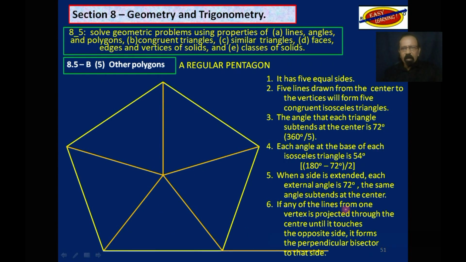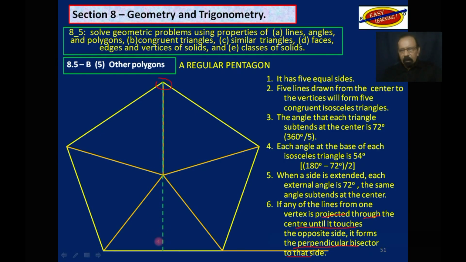If any of the lines from one vertex is projected through the center until it touches the opposite side, it forms the perpendicular bisector with that side. So you project that line down here from this vertex, project it through the center to the opposite side.